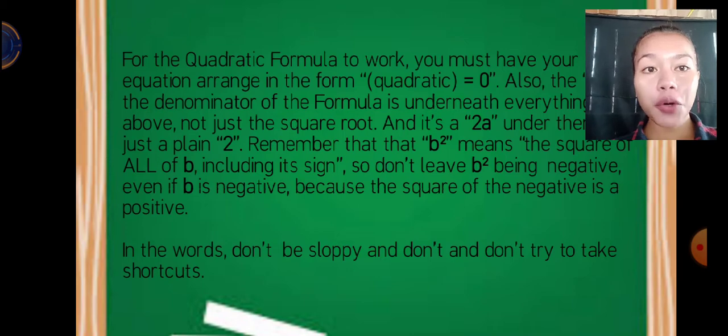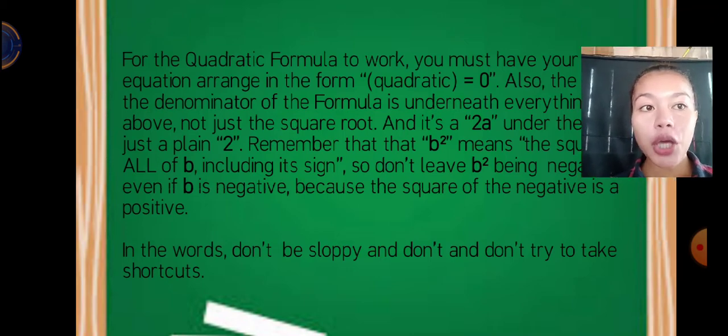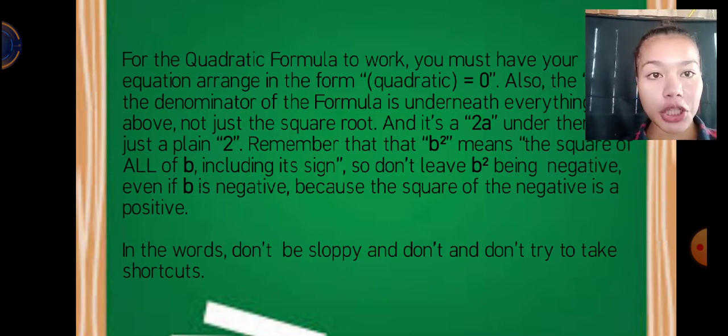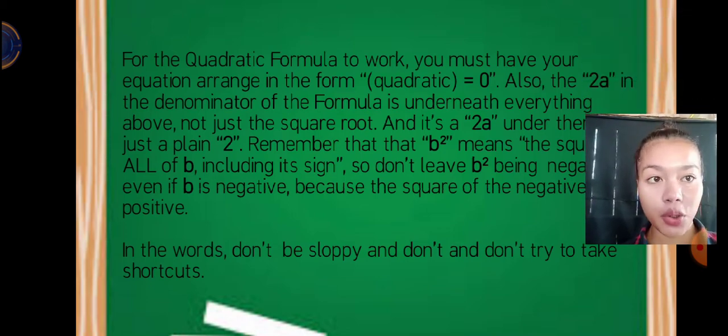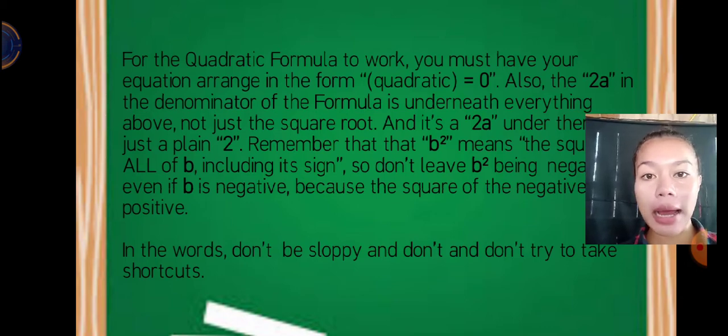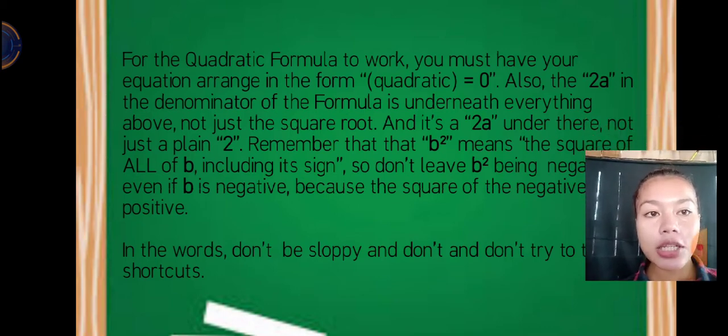For the quadratic formula to work, you must have your equation arranged in the form of a quadratic equal to 0. Also, the 2a in the denominator of the formula is underneath everything above, not just the square root. And it's a 2a under there, not just a plain 2.